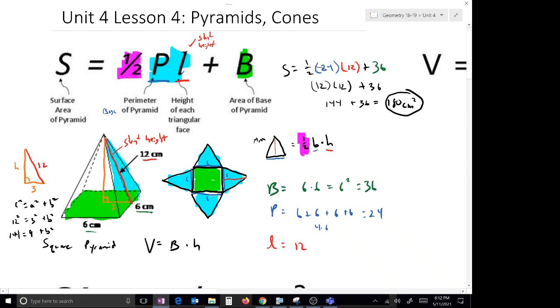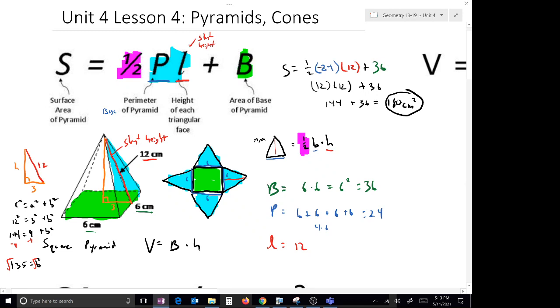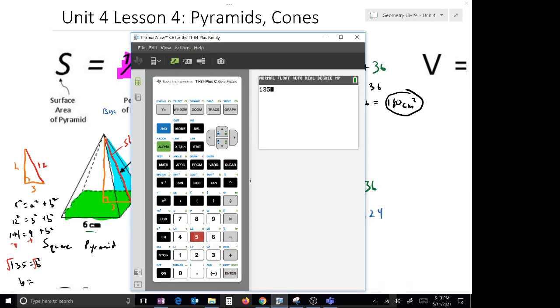If we subtract 9 from 144, we get 135. That's b squared, so then we square root 135, and b is approximately equal to 11.6.